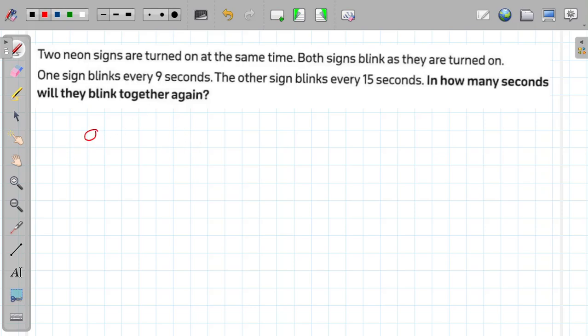So I have 9 and I have 15. 9 equals 3 by 3 and 15 equals 3 by 5.